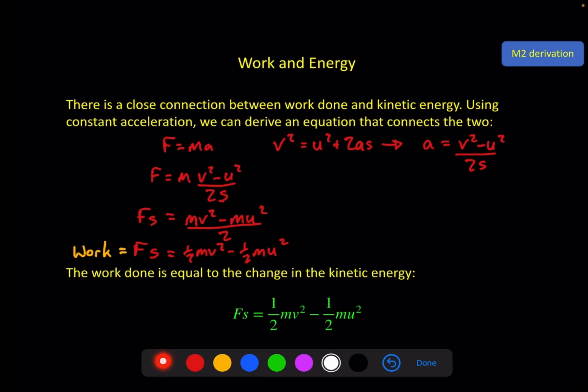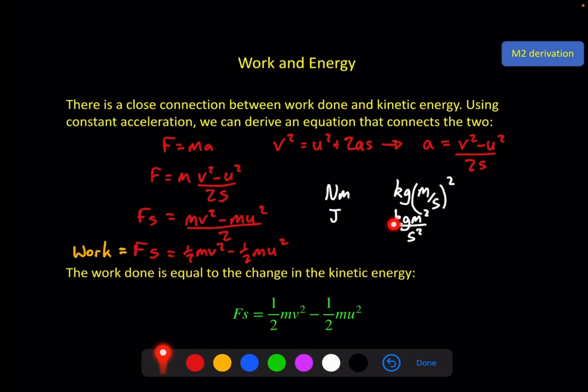So we've got force times distance, which is our Newton meter, which we know is a joule on the left-hand side. On the right-hand side, we've got the kinetic energy. Mass, which is kilogram, times meters per second for velocity, squared. So we get kilogram meter squared over second squared.